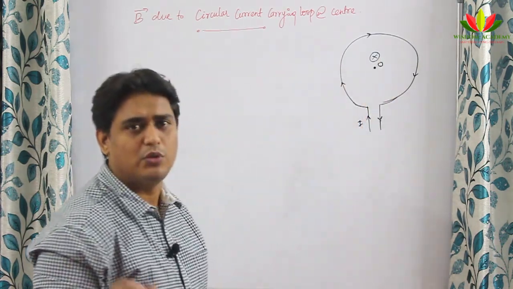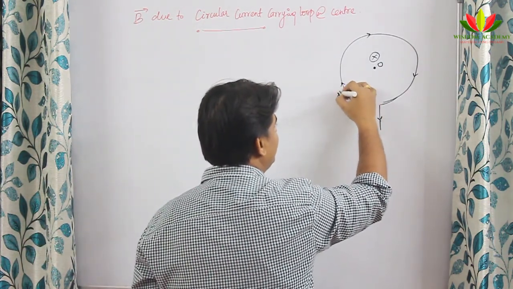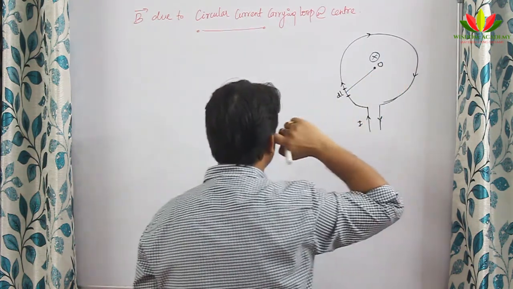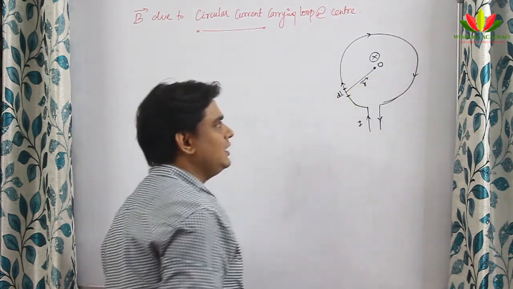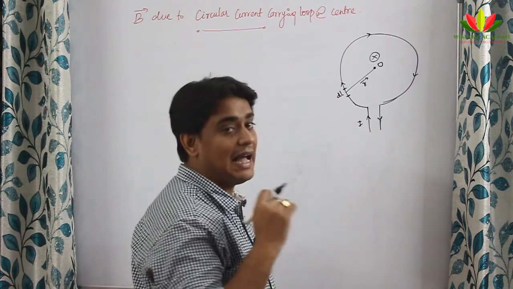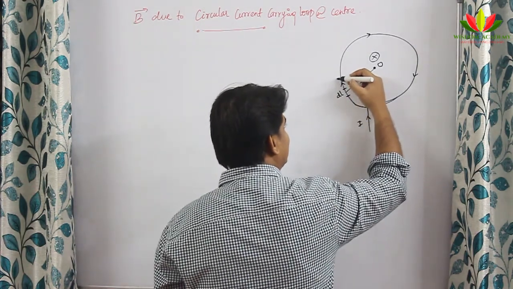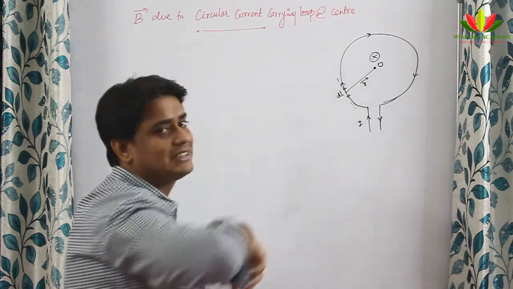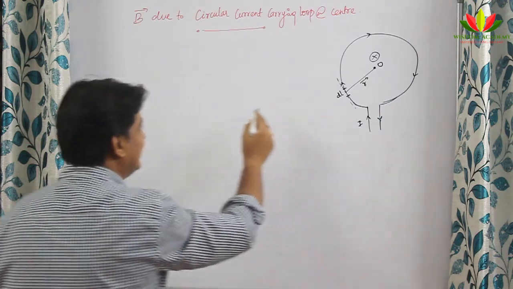Now as I said, to use the Biot-Savart law, we must take a current element. So let this current element dl be present here, and this is the r vector or distance. Now let us try to find the angle made between dl and r. If you see dl, it is a tangent, and we know by the property of the circle that all the tangents will make 90 degrees with the radius at the center of the circle. So the angle between dl and r is 90 degrees.